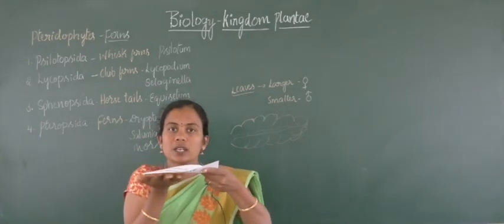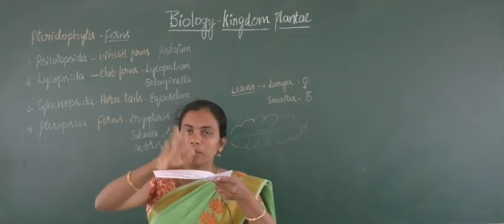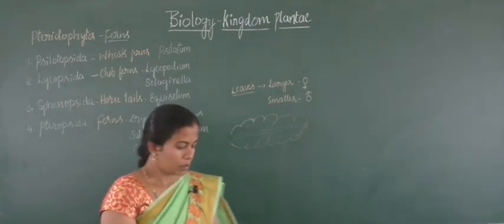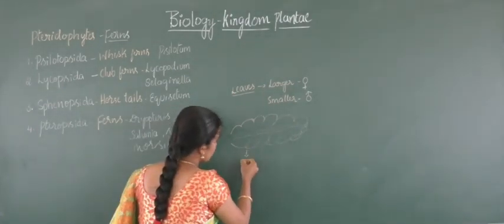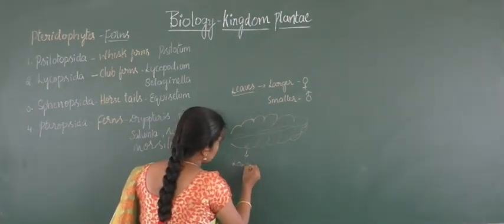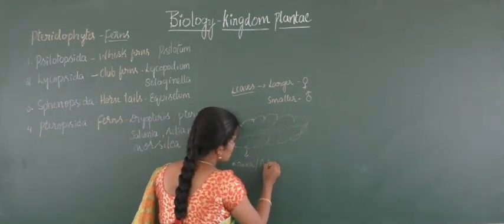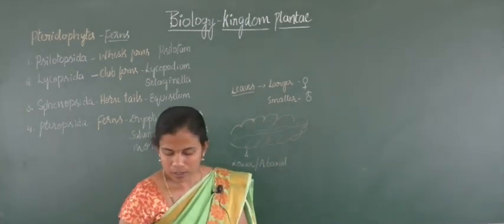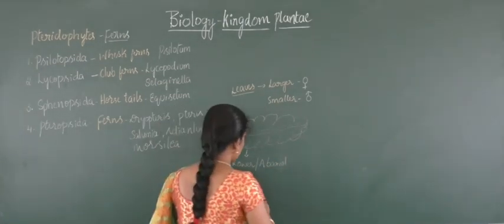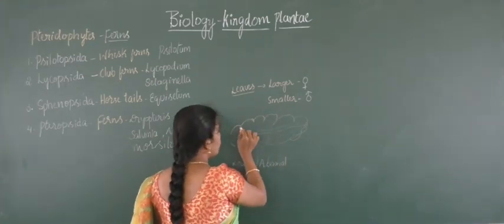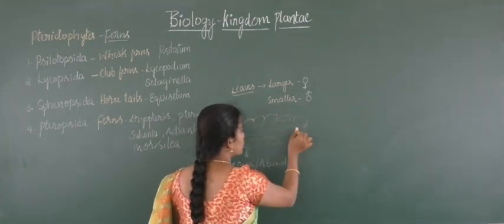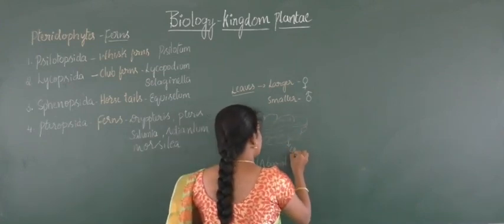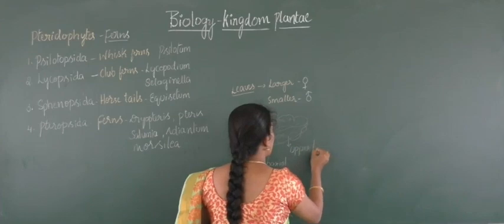This is the lower surface, also called the abaxial surface, and the one on the top is the upper, adaxial surface.